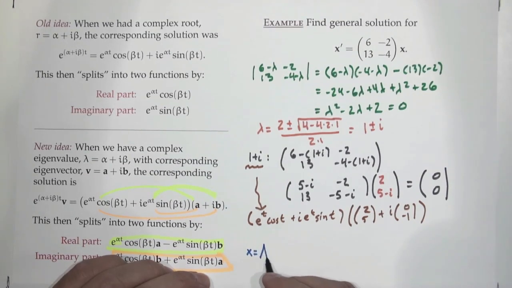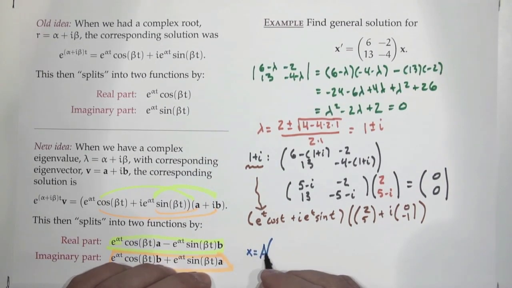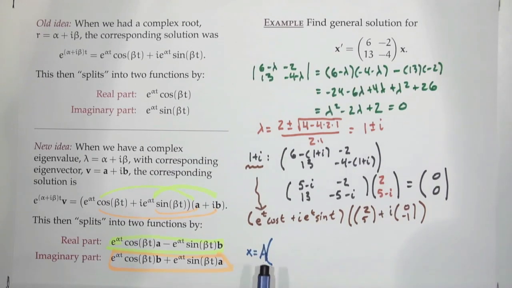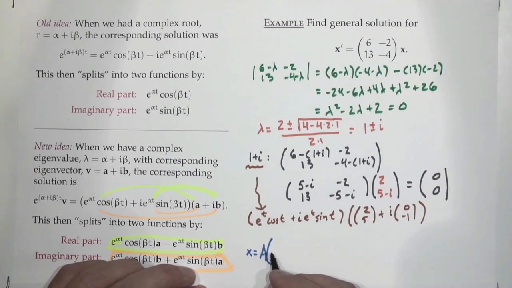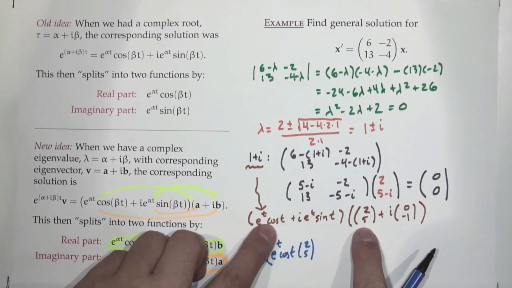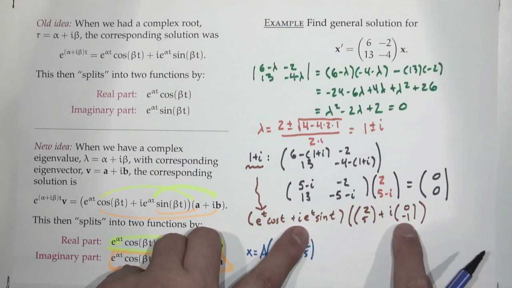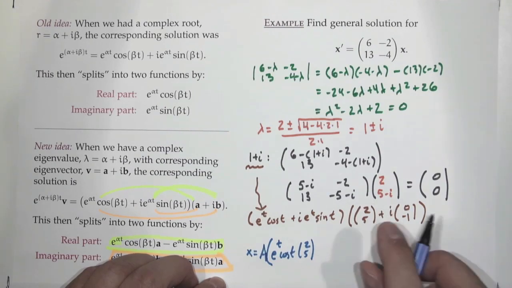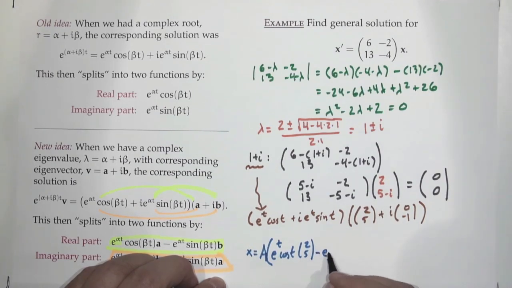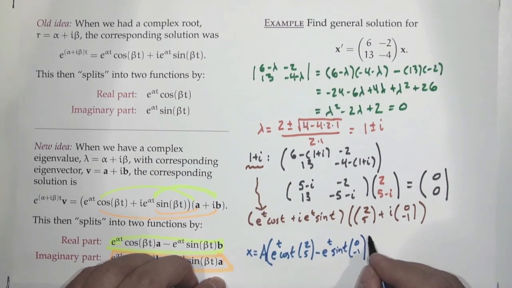So x equals a, where a is our arbitrary constant here. We're going to grab the real parts. So we say, we have e to the t cosine t times 2, 5, and minus, because we have i squared, e to the t sine t times 0, minus 1. So we'll write it as minus e to the t sine t times 0, minus 1.